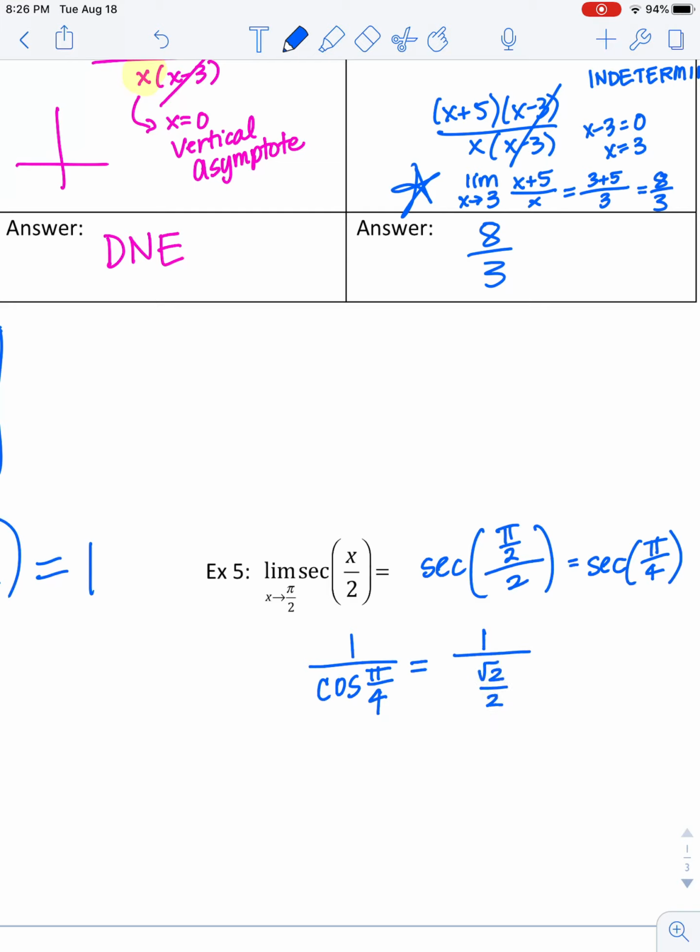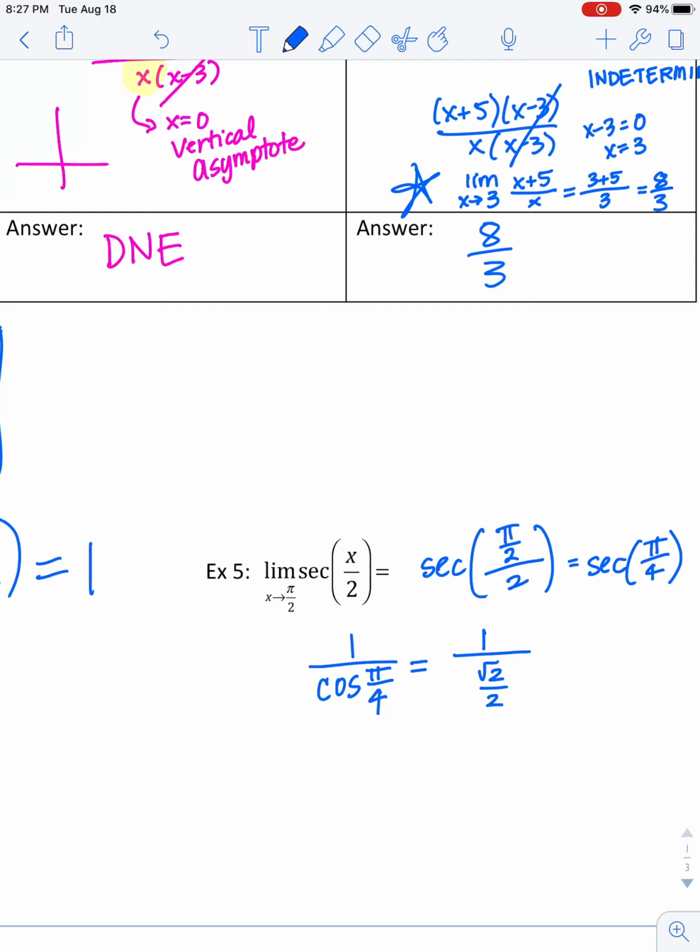Now, as we prepare for the AP test way next year, we want to think about how this will look on a multiple choice test. An answer would never appear like this. If you had to pick this out of A, B, C, D choices, it's not going to have a complex fraction in it.